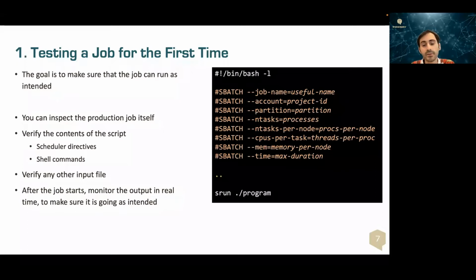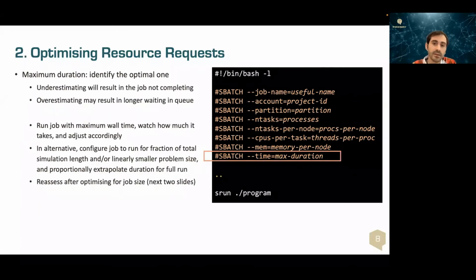That way it will be more likely to run sooner rather than later. And if the request is small enough to fit in the debug queue, you might even be able to submit it to the debug queue and have it running for the purpose of testing very soon, just for checking that the output is correct.